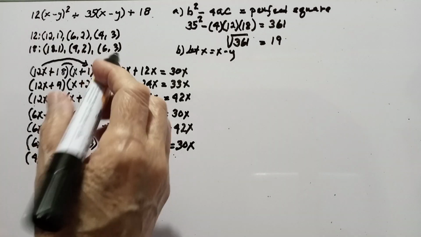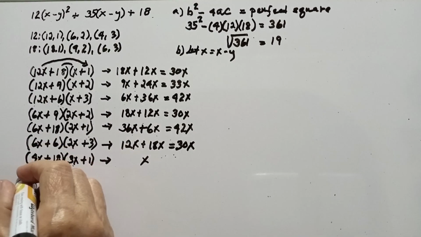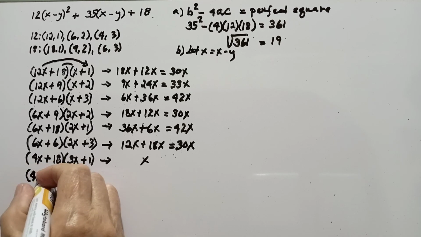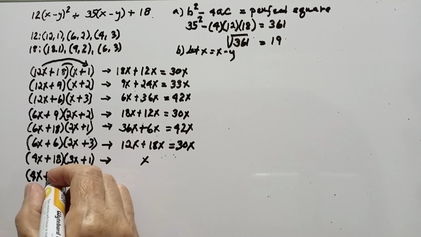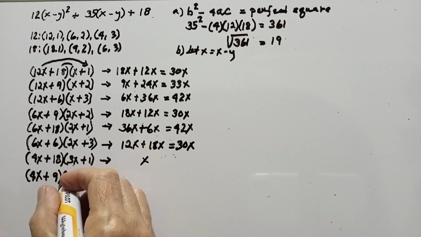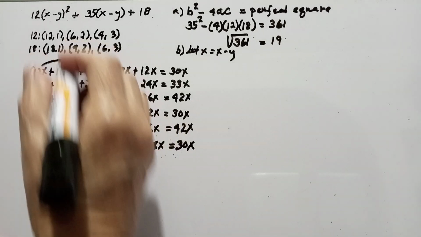Now let's go to the next. Let's go now to the second parenthesis. So we have now 4x plus 9 times 3x plus 2.